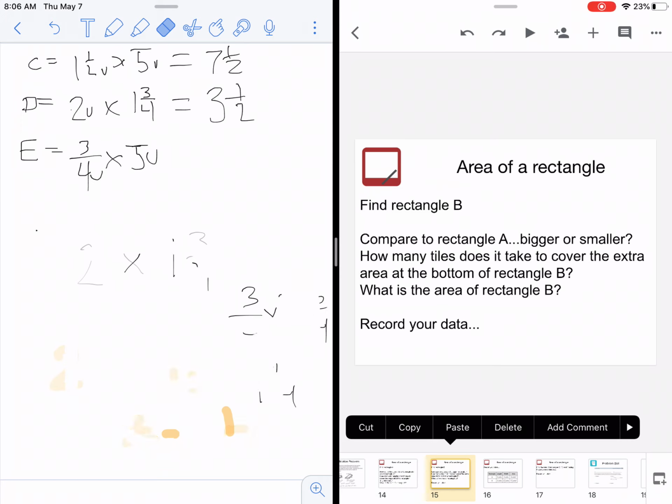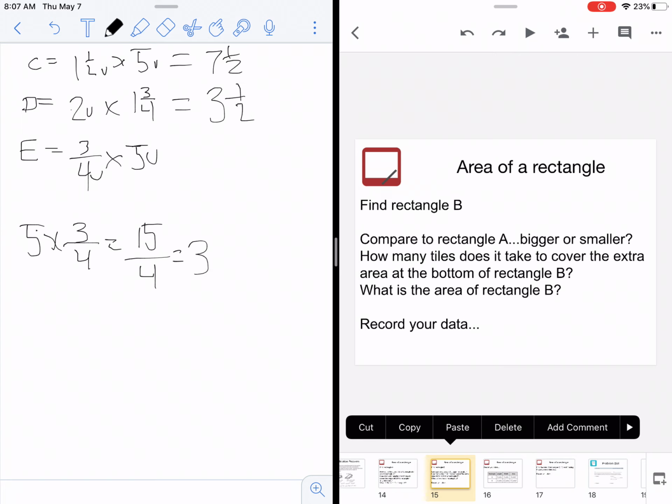And then E, we will do both of the ways that I just showed you. We're going to draw it out, and then we can also just do the math. So first I'm going to do the math, and then we'll check our work. So we have 5 times 3/4, which equals 15/4, which equals 4 goes into 15, 3 times, 4 times 3 is 12, plus 3 more to get to 15.